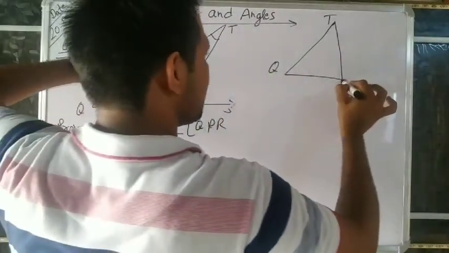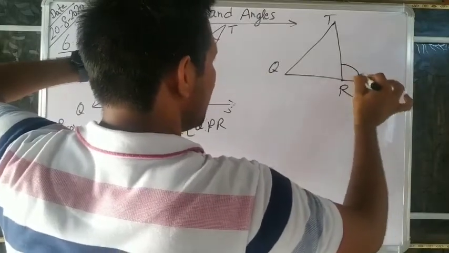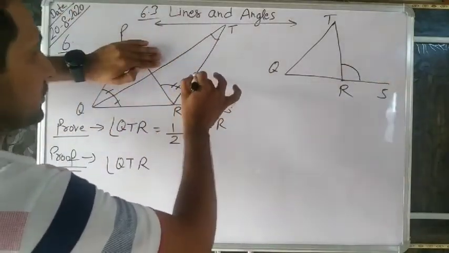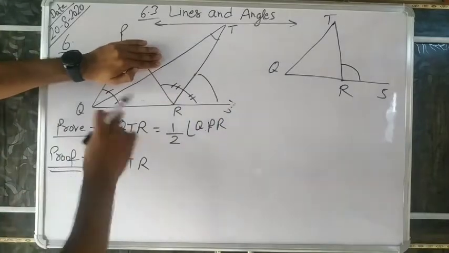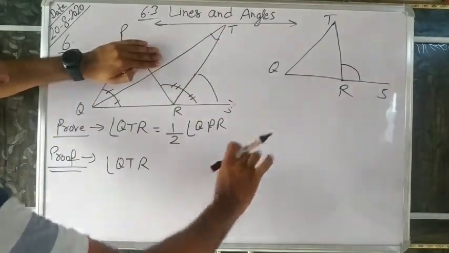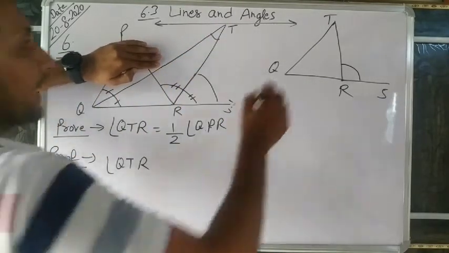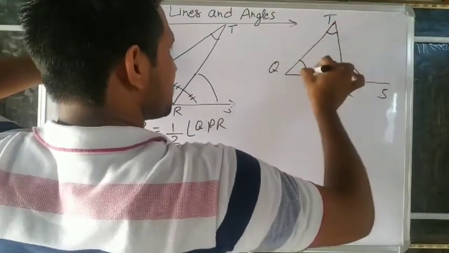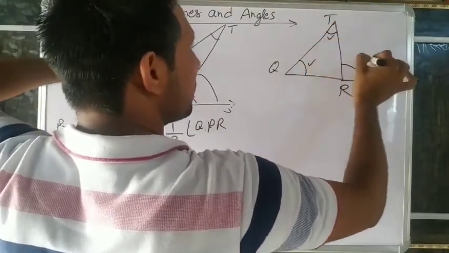It is a triangle and the line is produced, and we know it is an exterior angle. Exterior angle of this triangle, only this triangle. We know angle QTR plus this one plus this one equals the exterior angle.